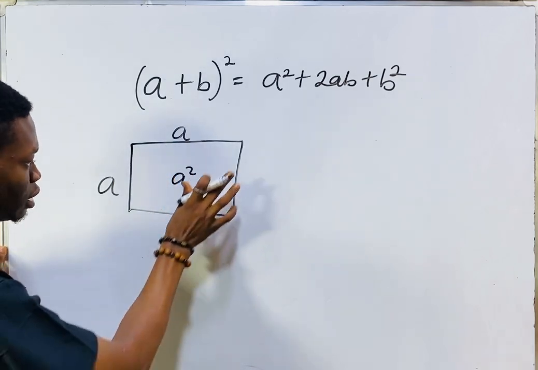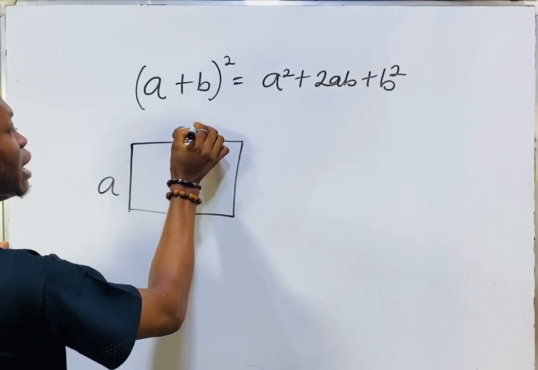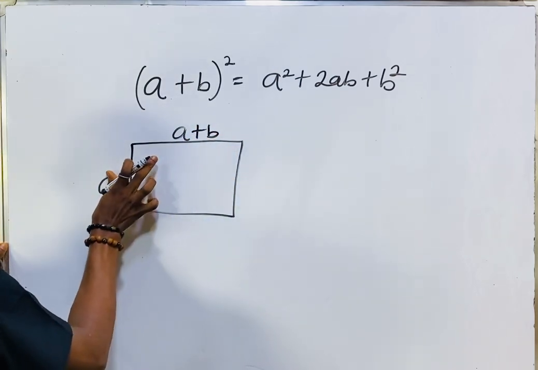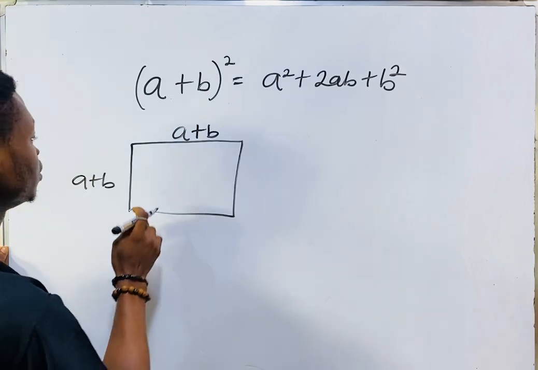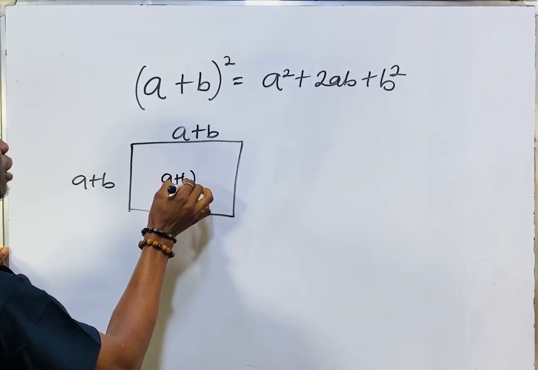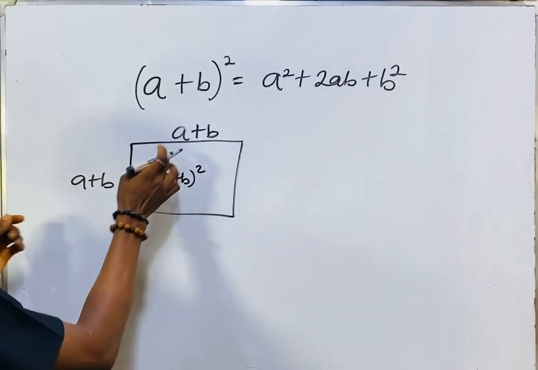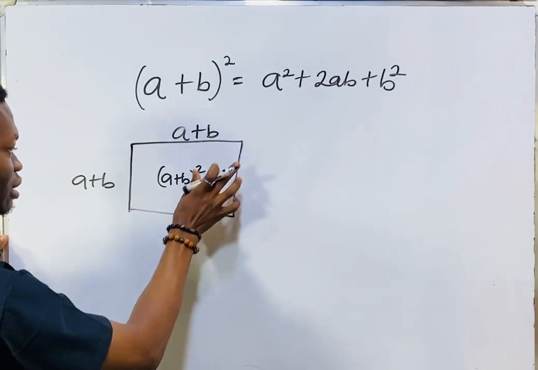A squared, right? So, with that knowledge, if I have something like a plus b and I have something like a plus b, now it will give me what? A plus b all what? Squared, right? If you multiply the two, a plus b all squared, which will give you this, right?